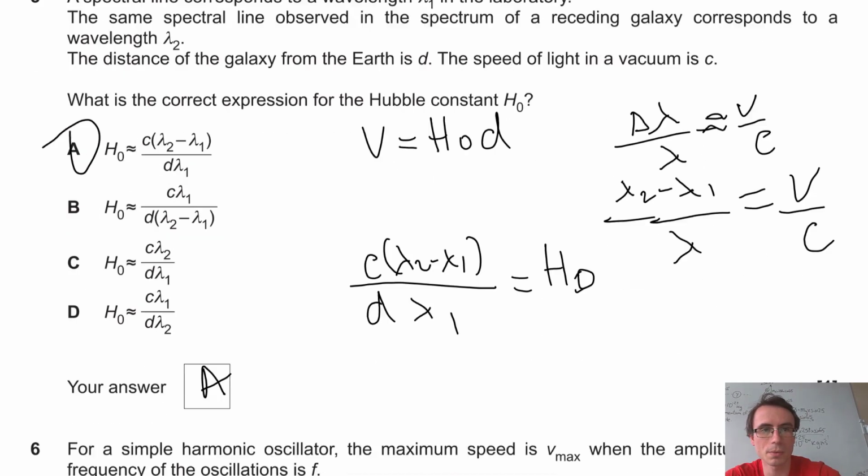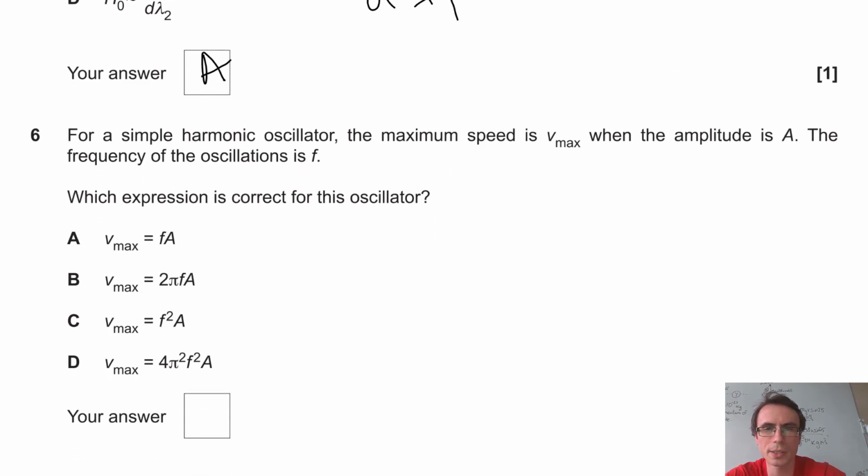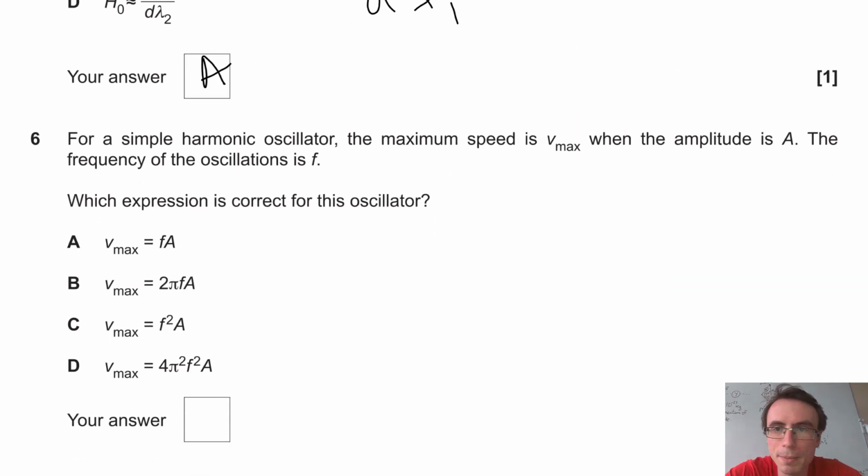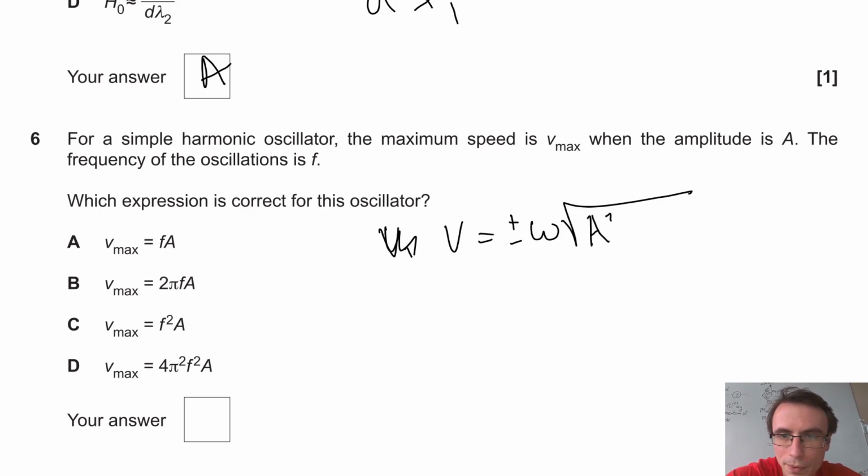Okay, next one. For a simple harmonic oscillator, the maximum speed is Vmax, where the amplitude is A. The frequency of the oscillation is f. What is the correct expression for this oscillator? Okay, well, we're given this formula that v is equal to plus or minus omega times the square root of A squared minus x squared.